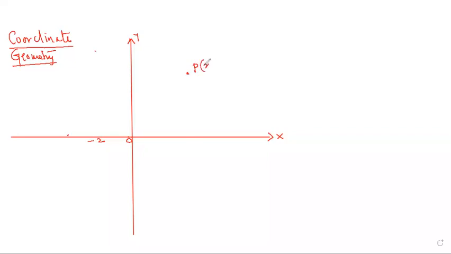Mark it as x, y. Then draw an arrow mark here. And right here, this is y. And mark it here. This is x.